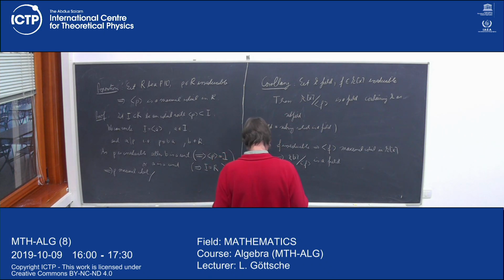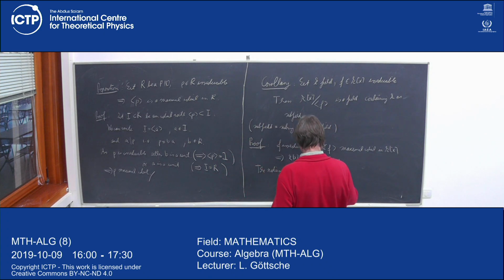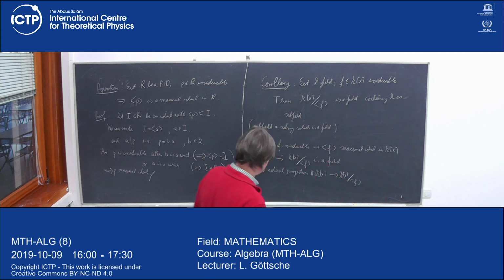So if we look at the natural homomorphism, the natural projection, from K[x] to K[x] modulo F, so this is the natural projection.